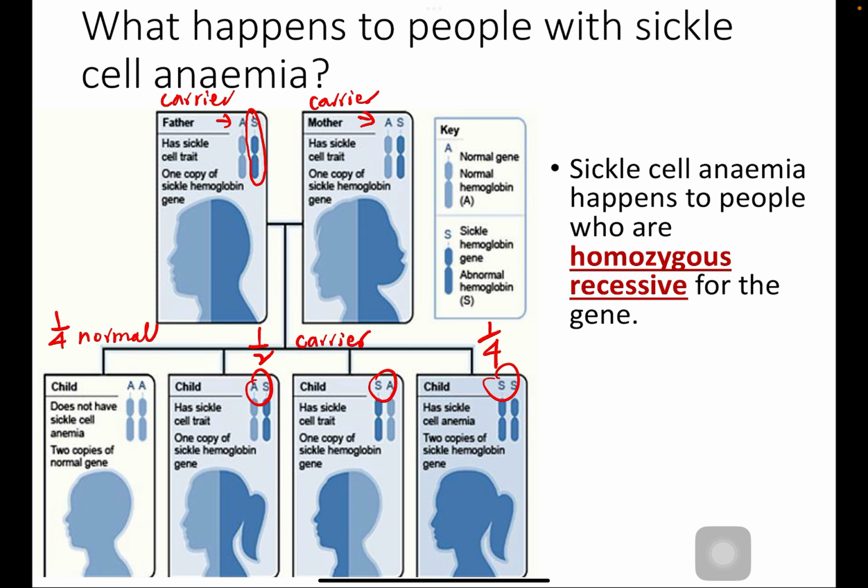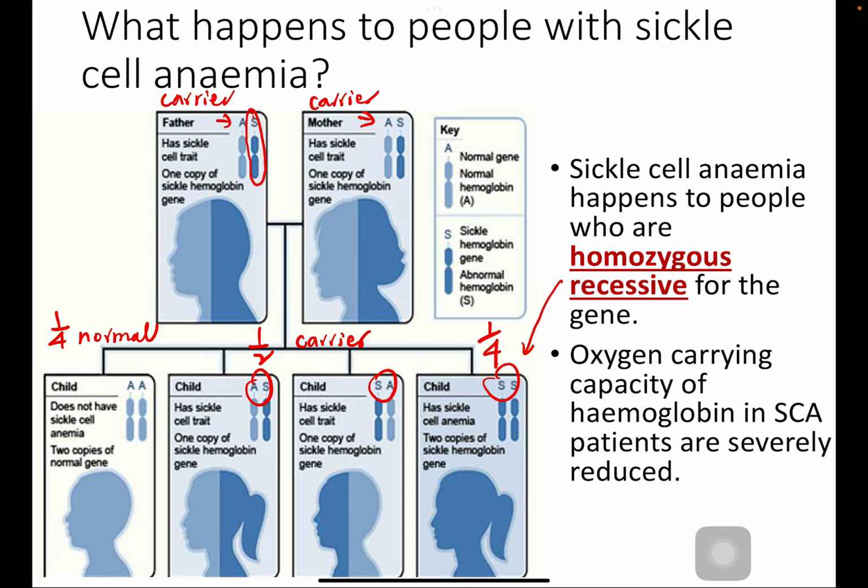So sickle cell anemia only happens to homozygous recessive individuals. And this affects how much oxygen can be transported in the patient, and sometimes can be fatal if oxygen is not being transported effectively around the person.